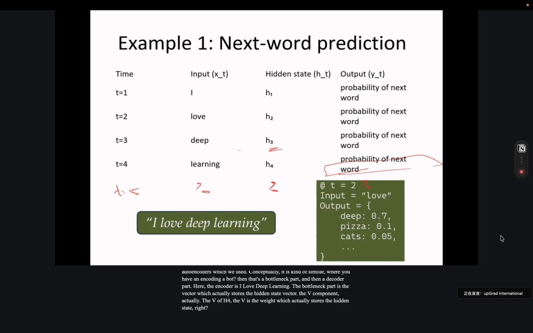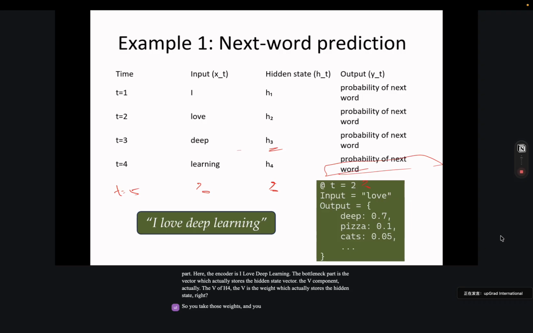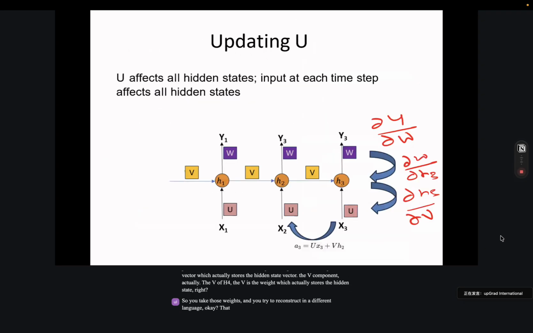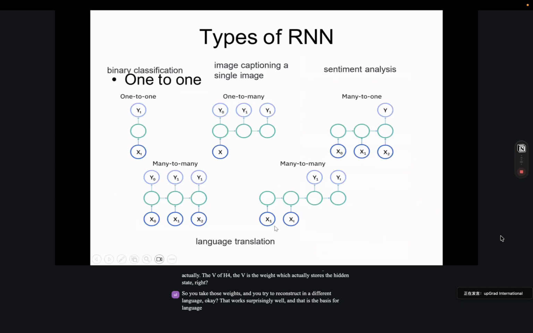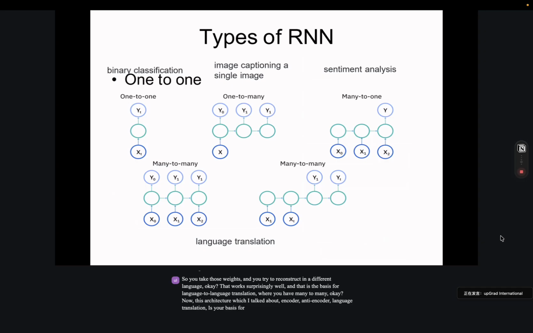So you take those weights and you try to reconstruct in a different language. That works surprisingly well. And that is the basis for language to language translation, where you have many to many. Now, this architecture which I talked about, encoder, decoder, language translation, is the basis for all your LLMs.